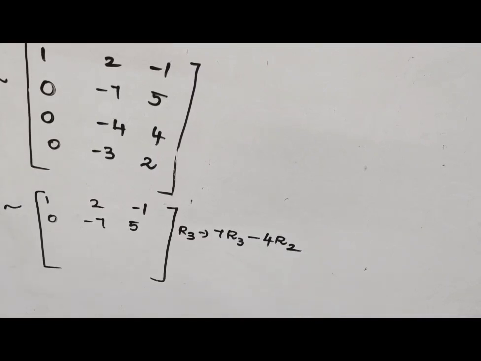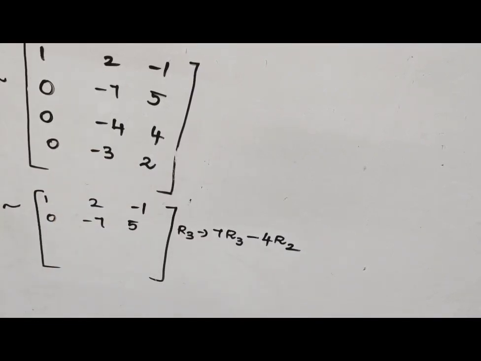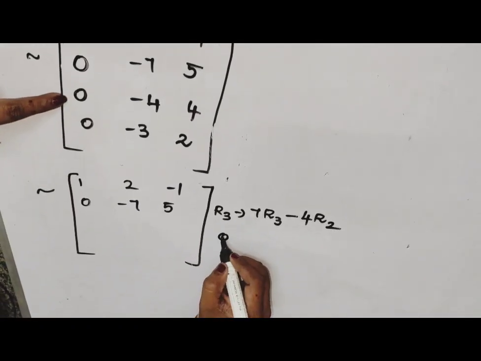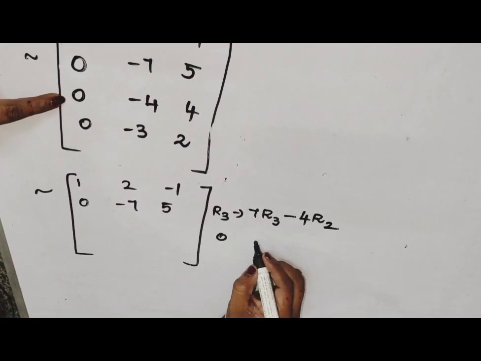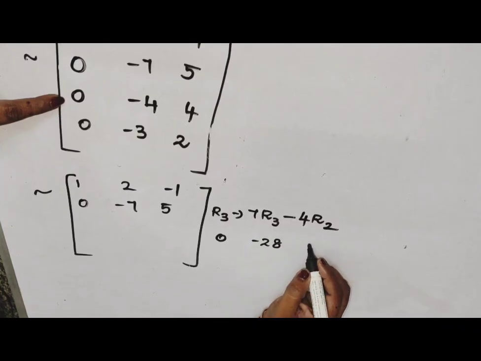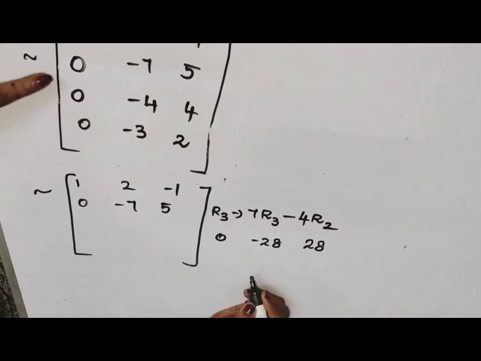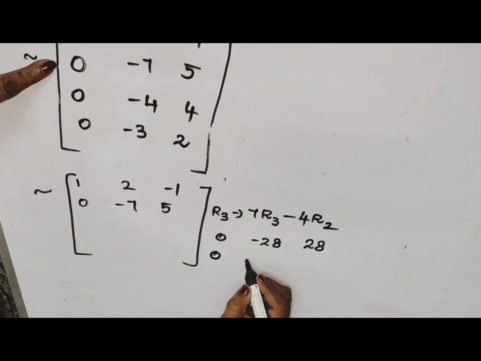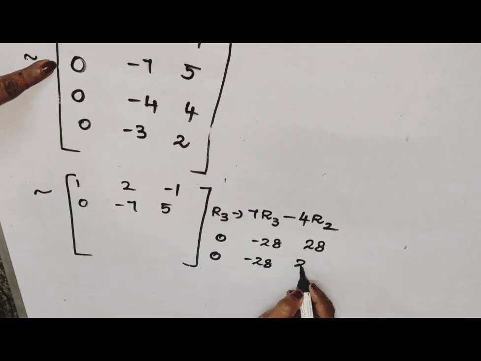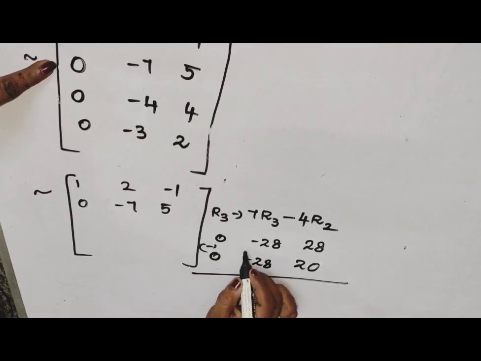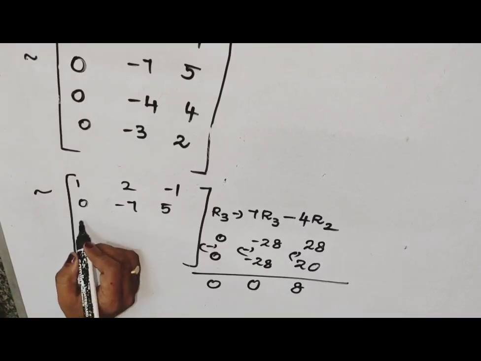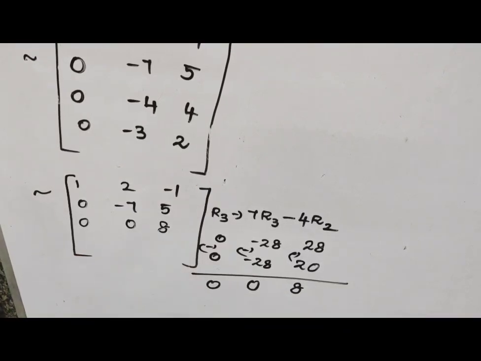Both places we have minus, so we include one more minus, only then it will become plus. 7 into R3: 0 into 7 is 0, 7 into minus 4 is minus 28, 7 into 4 is 28. Next 4R2: 0 into 4 is 0, 4 into minus 7 is minus 28, 4 into 5 is 20. We have to perform subtraction. This becomes 0, 0, and 28 minus 20 becomes 8. So we got the value as required: 0 0 8.